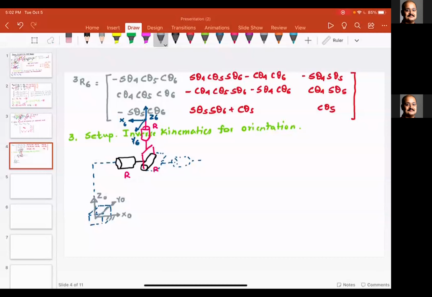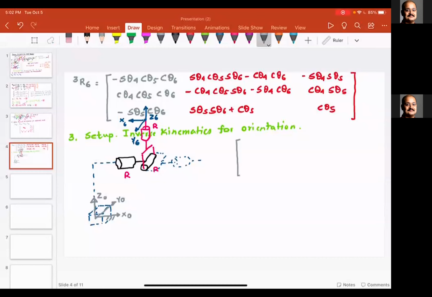So what we want to do is find out the orientation in terms of the rotation matrices. I'm going to give you the orientation problem stated something like this: I want the end effector to be oriented vertically, so the z-axis of the end effector, Z6, should be aligned with Z0.